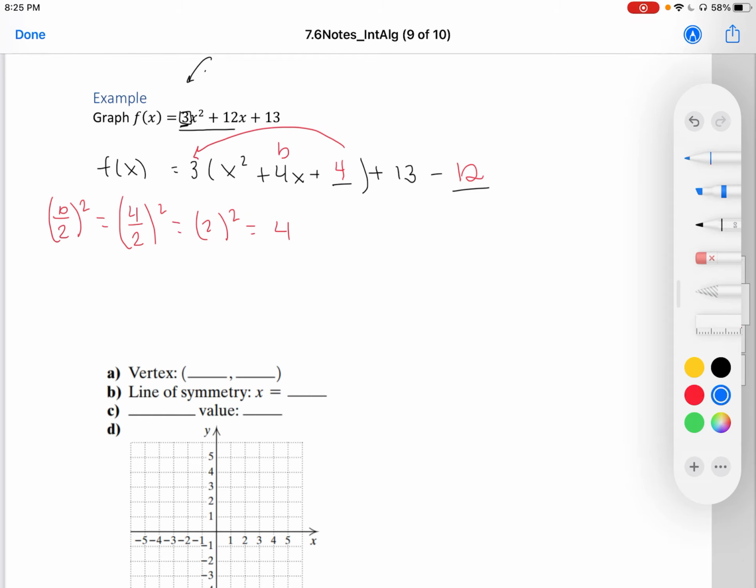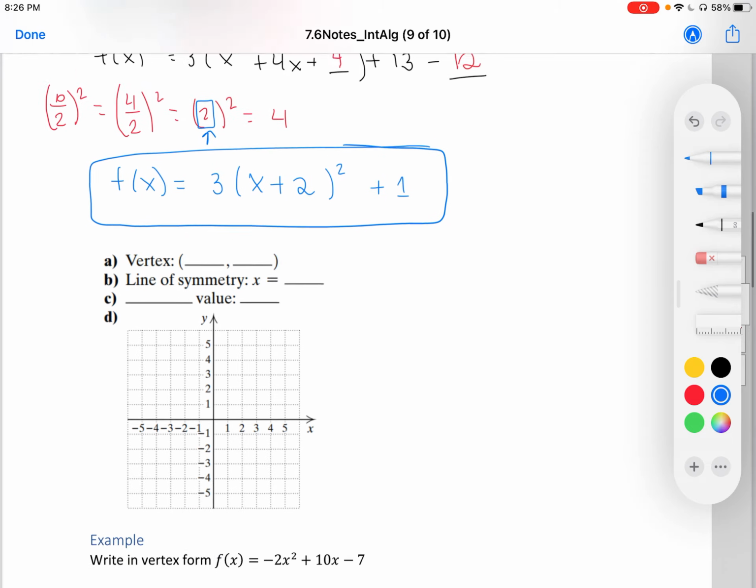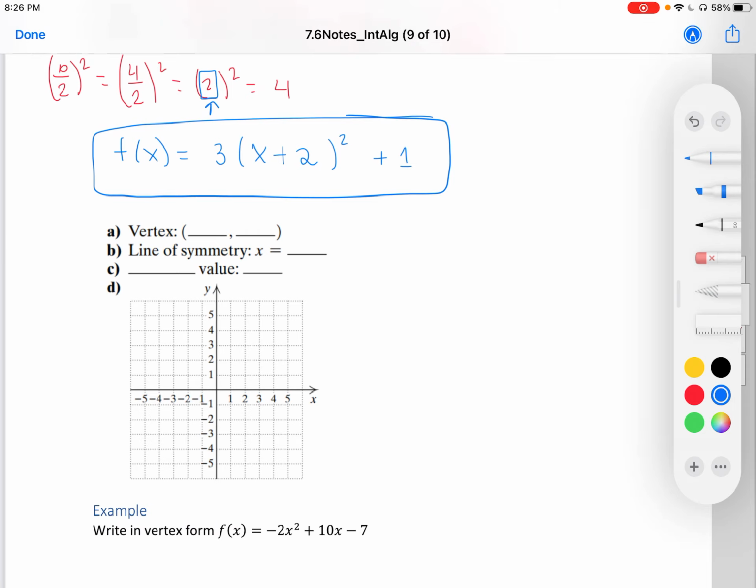All right, let's go ahead and factor. So we have f of x is equal to 3 times the quantity squared. Now it's always a number before you square it, so I have x plus 2, and then 13 minus 12 is 1. So there we have it. All right, our vertex, we have a 2 for our h and a 1 for our k.